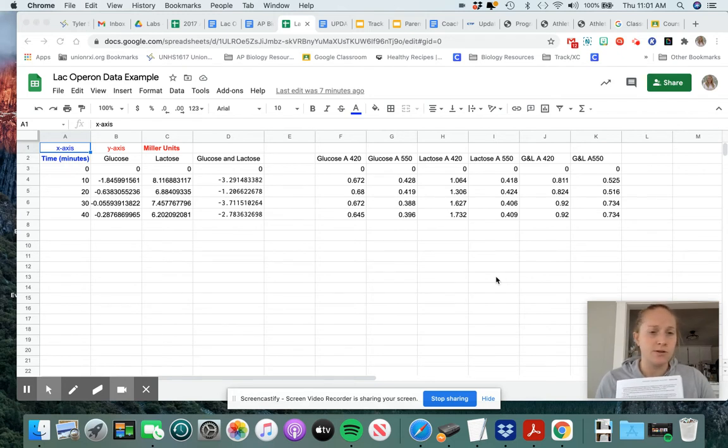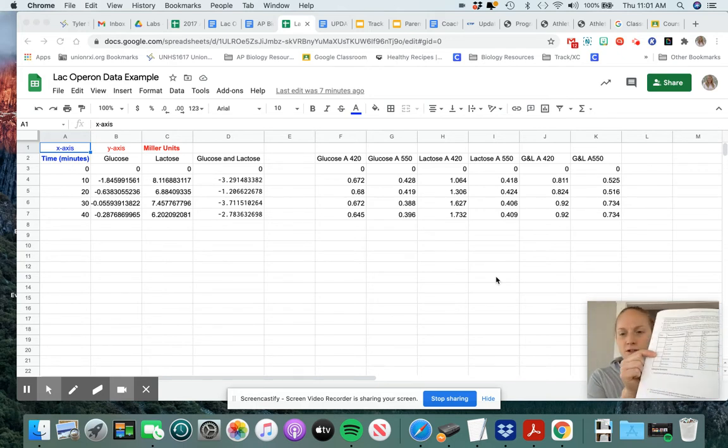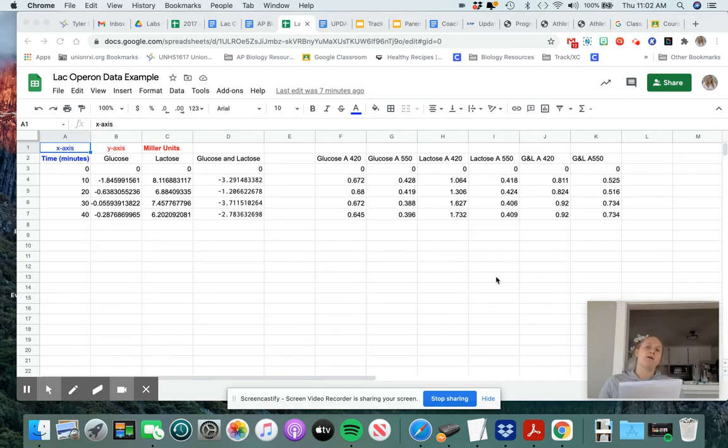If you were in the 2nd and 3rd hour class, you didn't get to 40 minutes, so you can disregard that. But if you were in the 4th and 5th hour class, you did get to 40 minutes. So that means the 4th and 5th hour classes should be filled up to that 40-minute time slot, and 2nd and 3rd, you should have up to that 30-minute time slot. And again, go ahead and reach out to your group members if not everyone recorded the data at the same time. Make sure you have all your data before you continue watching this video.